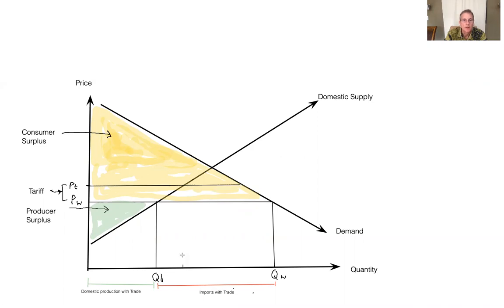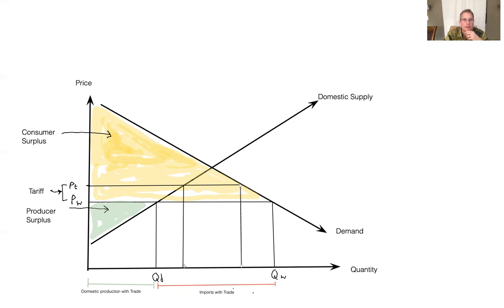So first of all, this dropping down from the domestic supply line to the quantity axis is how much tofu the domestic producers will make once the tariff is in place. And this line, or this quantity, if we drop down here, is going to be the amount that the domestic consumers will demand at that price.